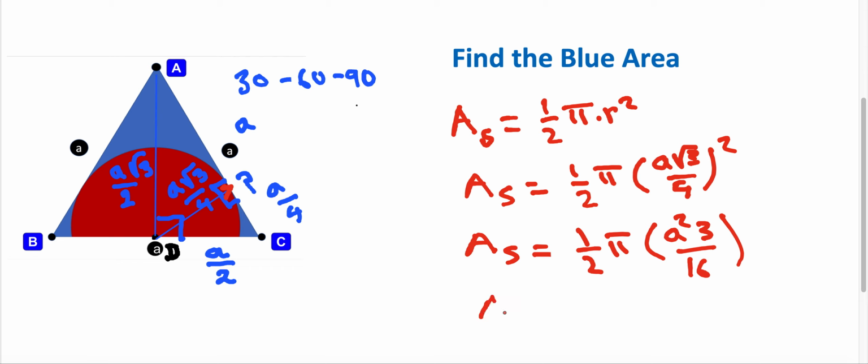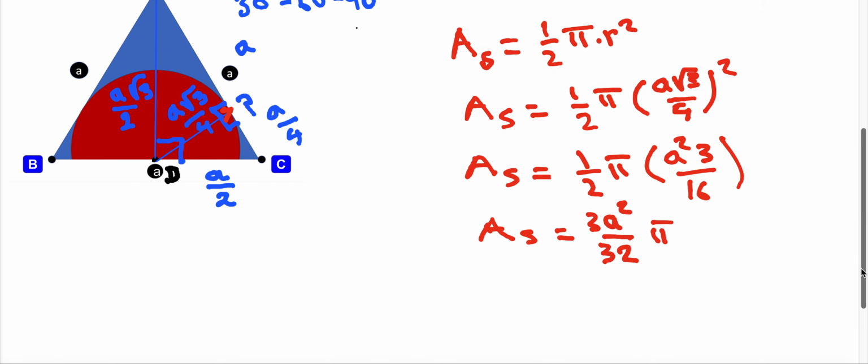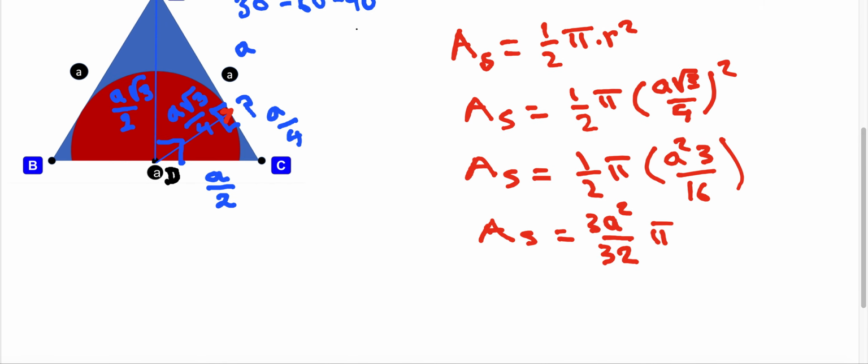If we simplify a little further, the area of the semicircle is equal to 3a squared divided by 32 times pi. Okay, and the area of the equilateral triangle, let me write it. The area of the equilateral triangle is 1.5 times base times height.